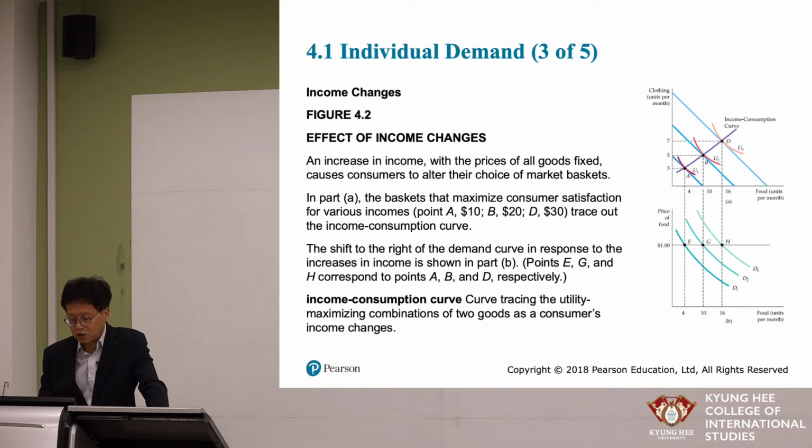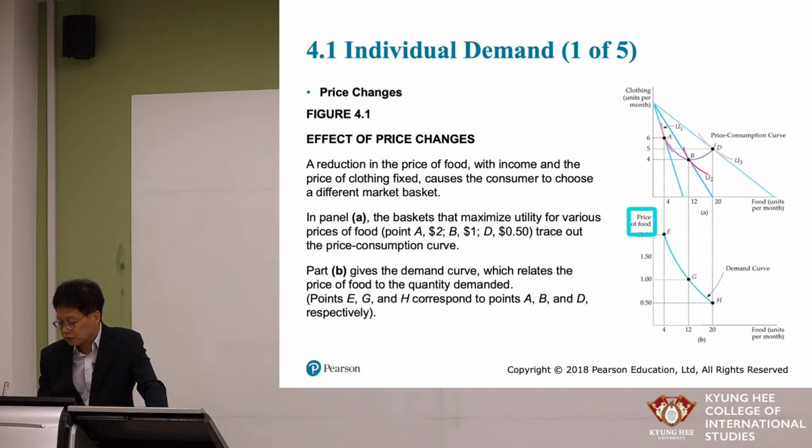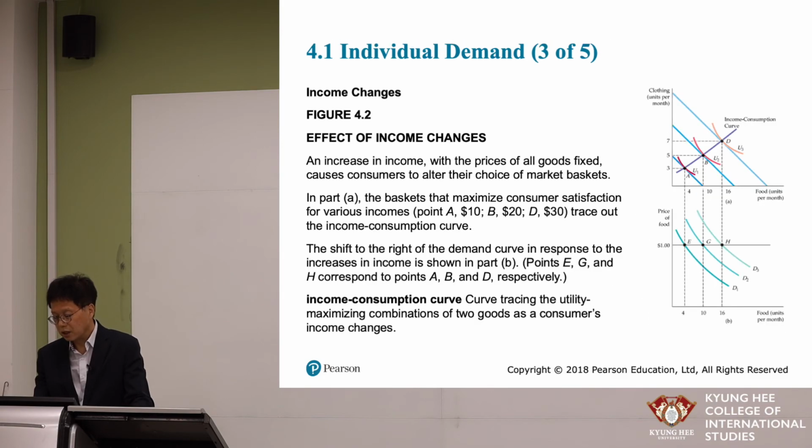The shift to the right of the demand curve in response to the increase in income is shown in part B. In part B, the Y variable is price and the X variable is food consumption, same as the earlier graph. I'm sorry, this one is new. Price of food, demand for food. In the earlier example, the price of food decreased from $2 to $1 and $0.50. But here, the price has no change.